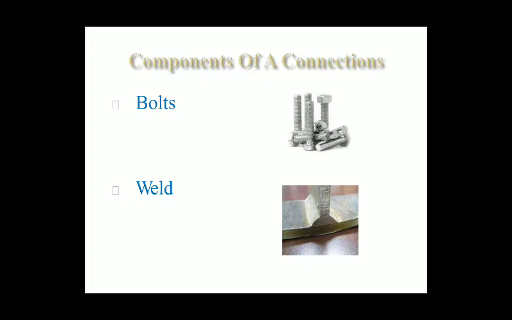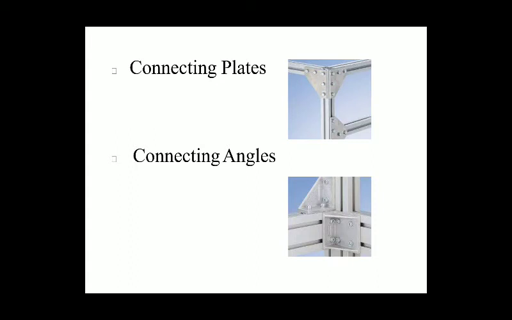Weld is a component of a connection. Also, for connecting two members, we require connecting members such as plates and angles. These are the two main important ones, which form connecting members or strengthening members for connection of the members.